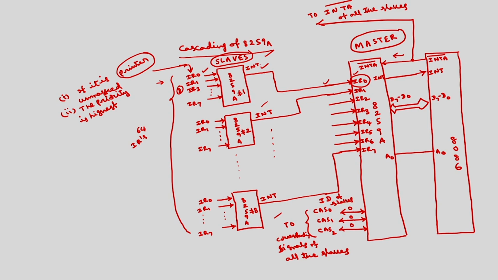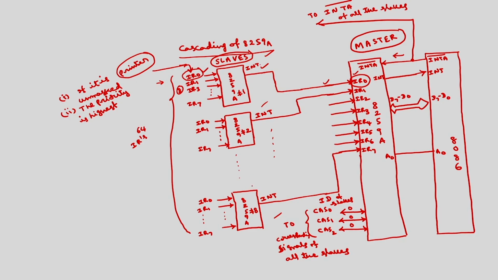In the second and third, it will place the type of interrupt. Which type of interrupt you want to perform by using this IR 0? As I have told, there are 256 types of interrupts, so that corresponding information has to be placed onto the data bus.